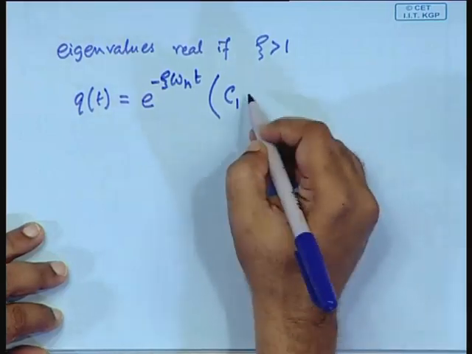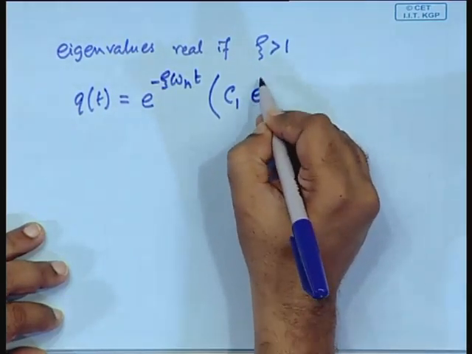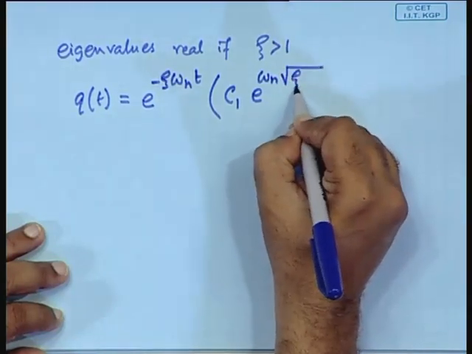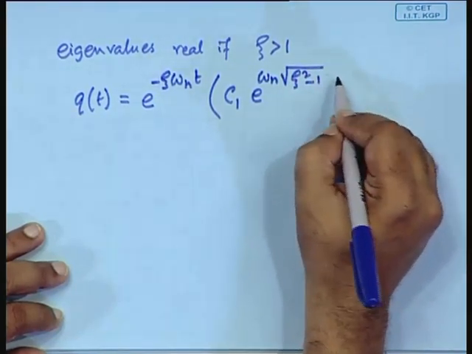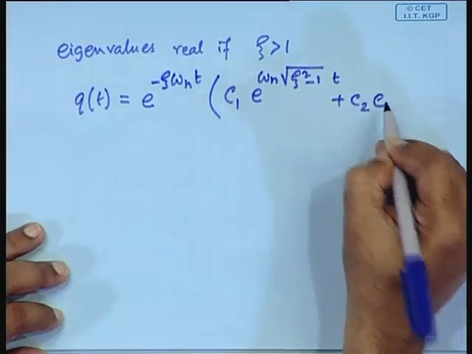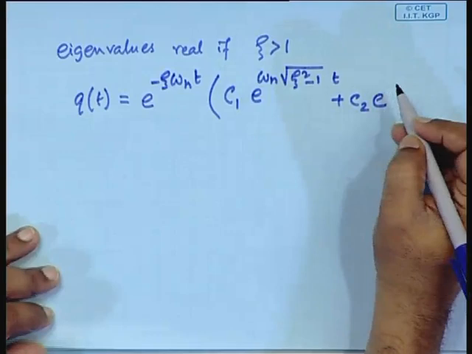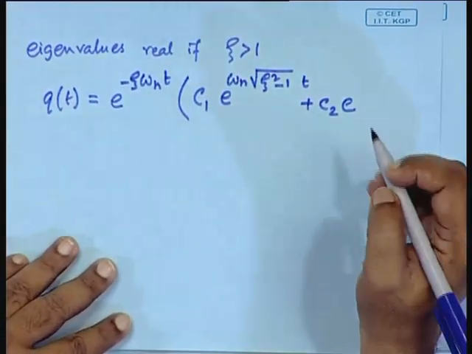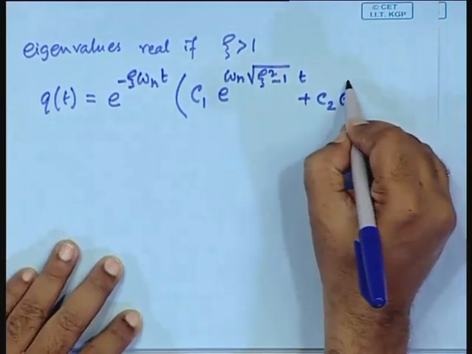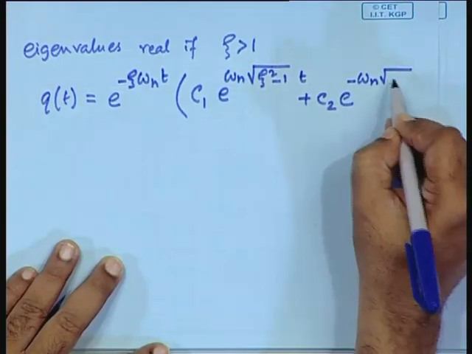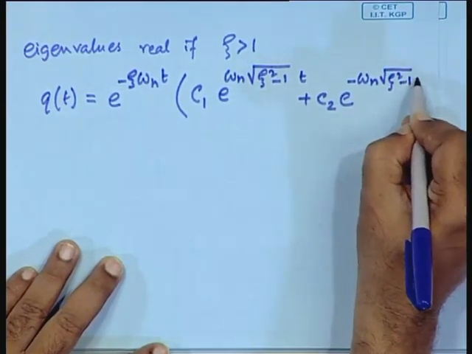c 1 e to the power omega n root over zeta square minus 1 t plus c 2 e to the power minus omega n root over zeta square minus 1 t.